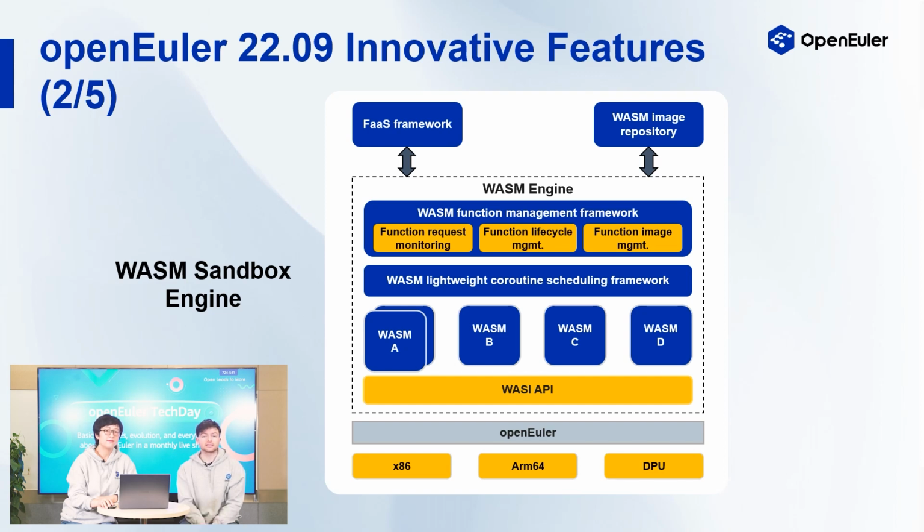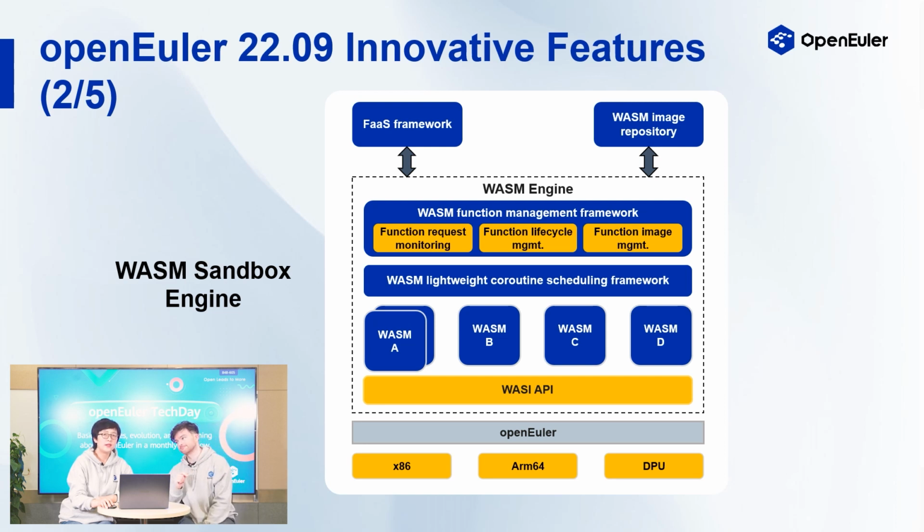This feature provides the sandbox WASM technology, on which functions are deployed in the sandbox and isolated, avoiding issues of slow container cold start and high memory overheads in high concurrency scenarios. Okay, but how does it work? Well, it runs on either of the two WASM frameworks, the function management or the lightweight coroutine scheduling frameworks.